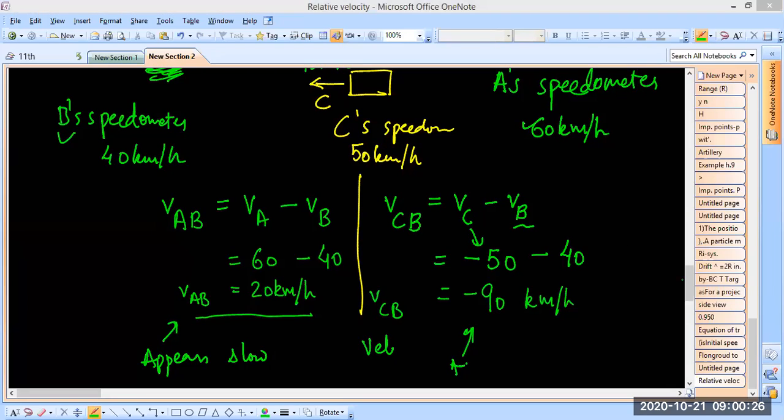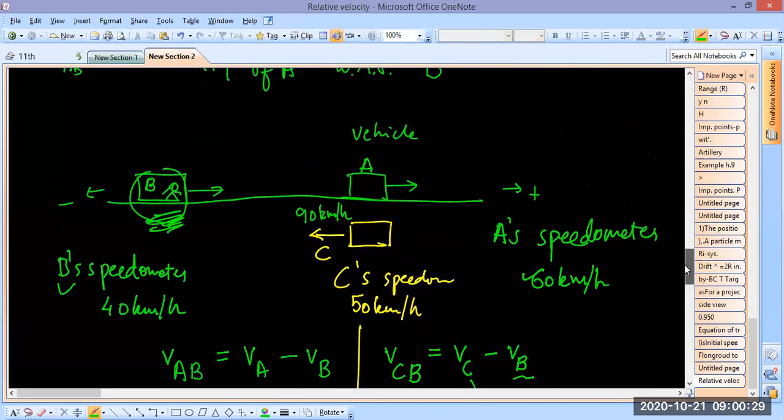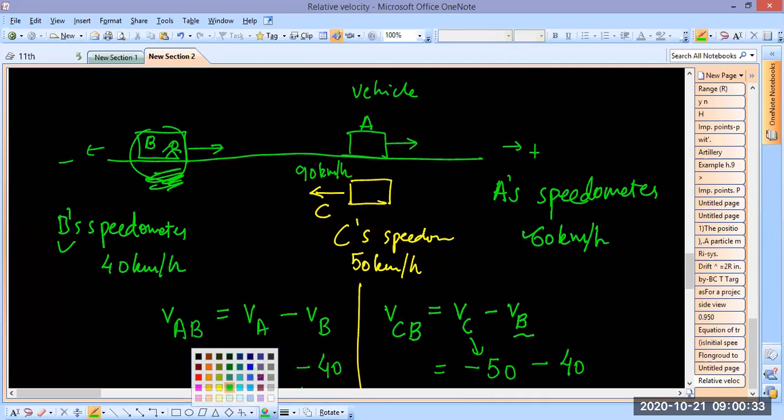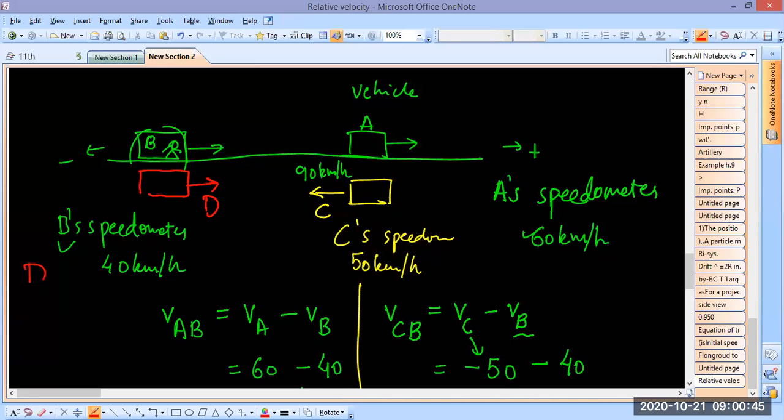Let's take another case of the same. Okay, suppose there was one more vehicle D, right? This sometimes happens while overtaking. Suppose there is one more vehicle D going towards the right side, and D's speedometer also shows 40 kilometer per hour.